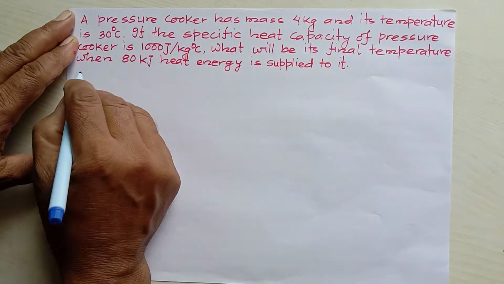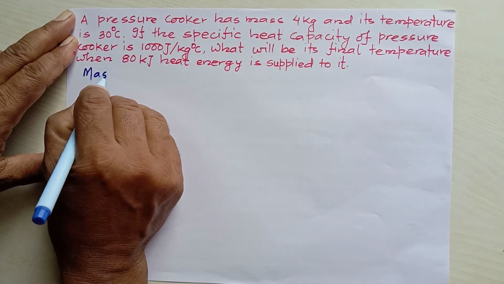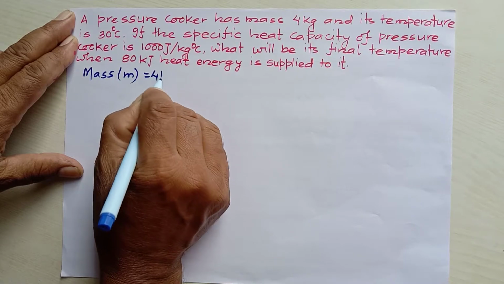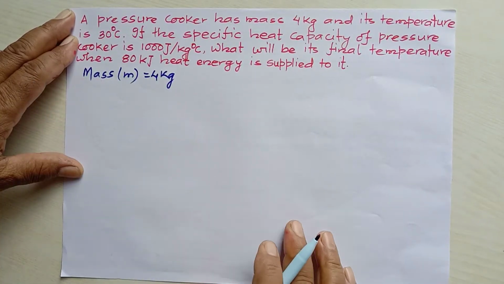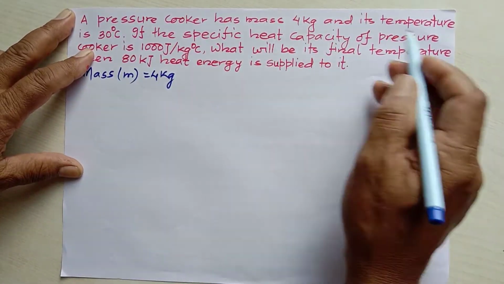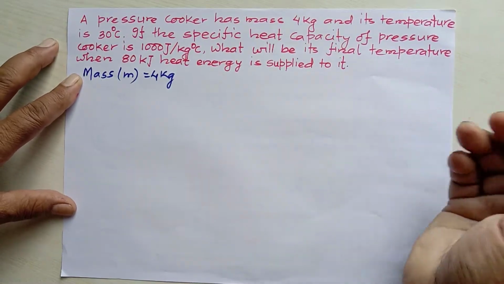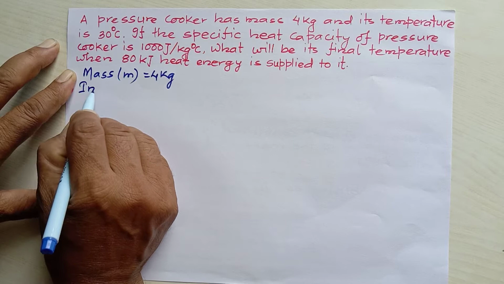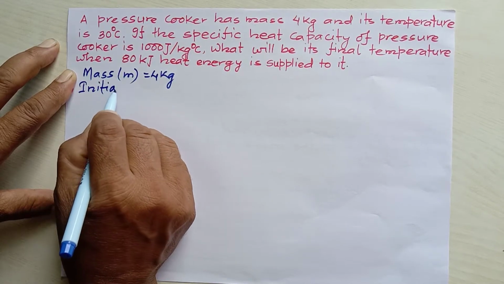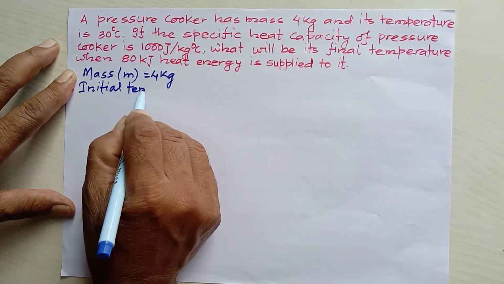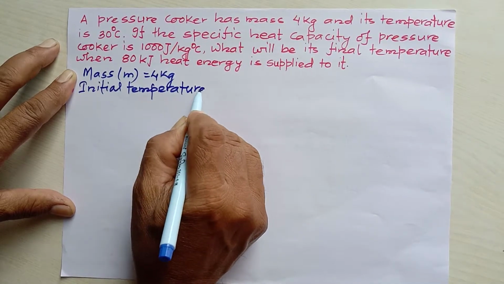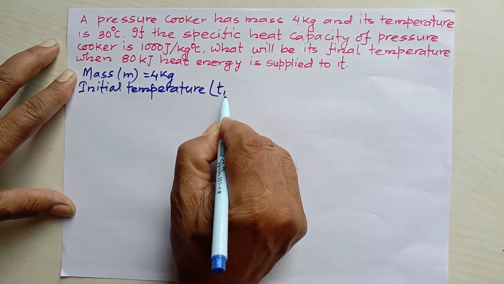First, mass is given. That's why I'm writing mass. M is equal to how much? 4 kilogram. And then what is given? And its temperature is 30 degrees Celsius. This is the initial temperature. Initial temperature can be denoted by T1.